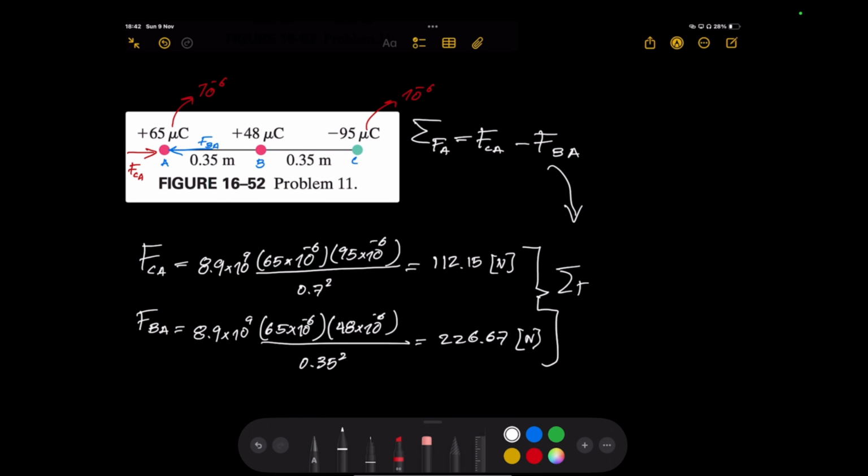The net force at point A is going to be equal to 112.15 minus 226.67. That's minus 114.52 newtons. So that minus is just telling you that the force goes this way.